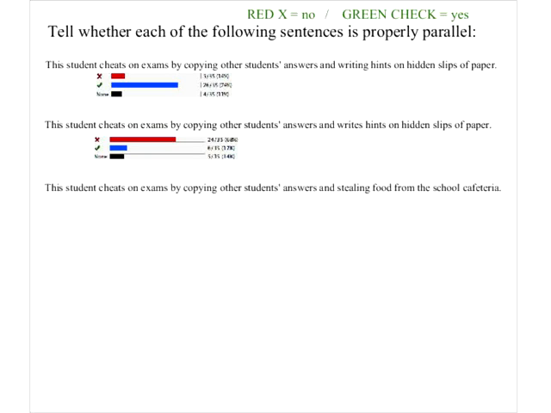Okay, now try that one. Green check if you think it's correct, red X if you think it is not correct. This is where it starts to get interesting.